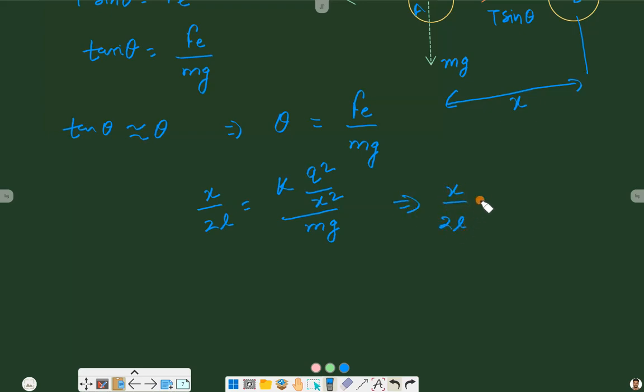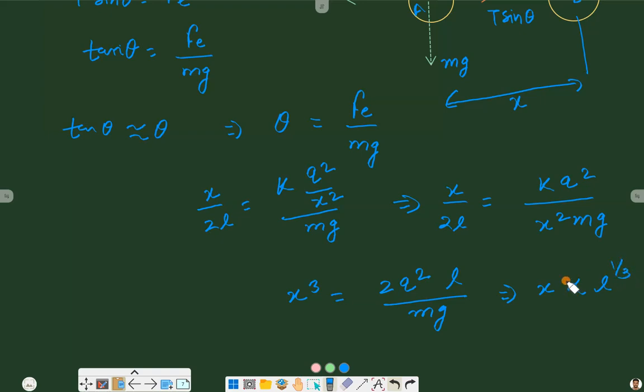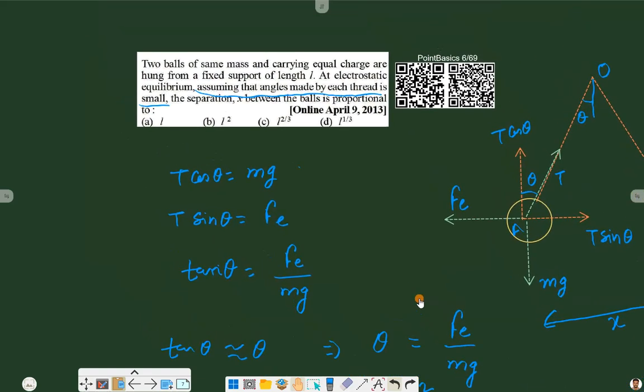So x by 2L is equal to K Q square by x square mg, and from this, x cube is equal to 2 Q square into L by mg, or x is proportional to L raised to power 1 by 3. We have found that the separation x between the balls is proportional to L raised to power 1 by 3. So option D will be the right answer.